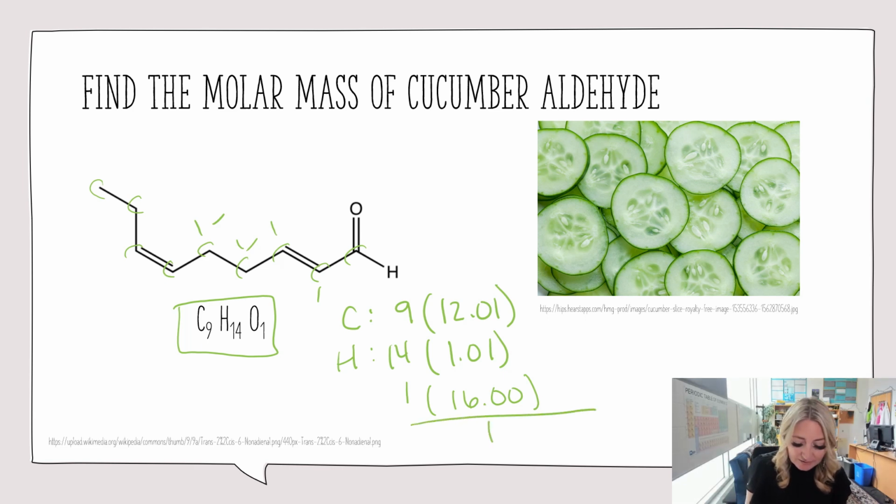Because we're adding those values together, we're going to report our molar mass, out of my calculator, to 2 decimal places, and remember that a molar mass is a ratio. So this is 138.23 grams of cucumber aldehyde per 1 mole of cucumber aldehyde.